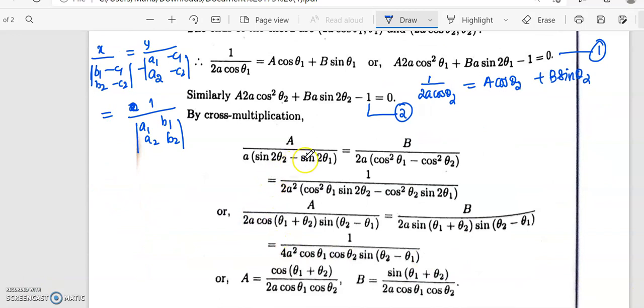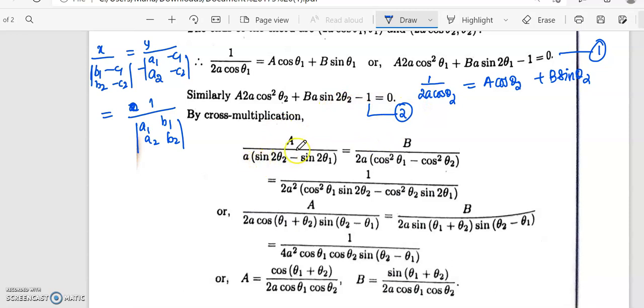So upon solving, we will get a by 2, a will be given by this determinant. So we will get a by 2a cos square theta 1 into a sin 2 theta 1 into minus 1 minus a sin 2 theta 2 into minus 1.